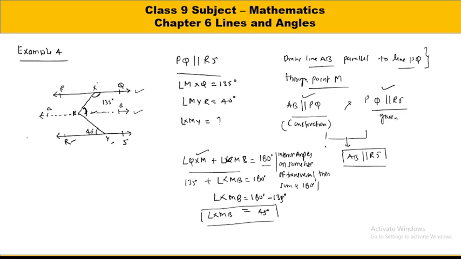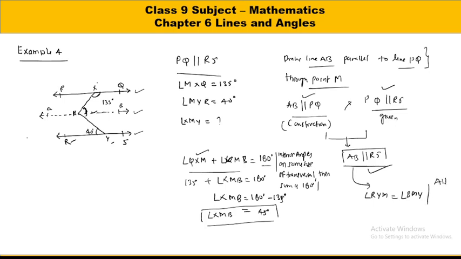Now AB is parallel to RS. So in this we see that this line AB and RS are parallel. So we see that angle RYM is equal to angle BMY.